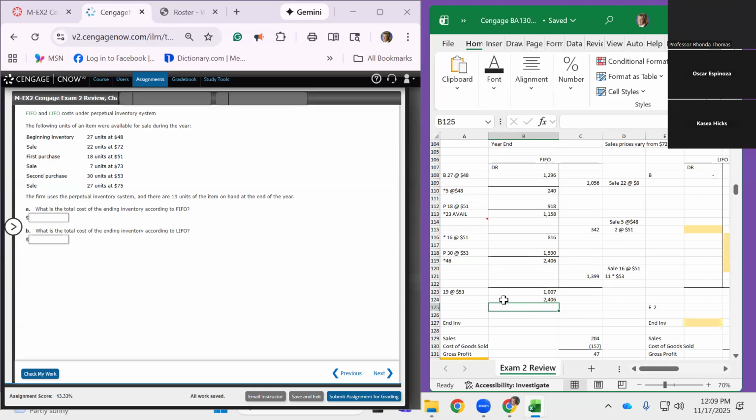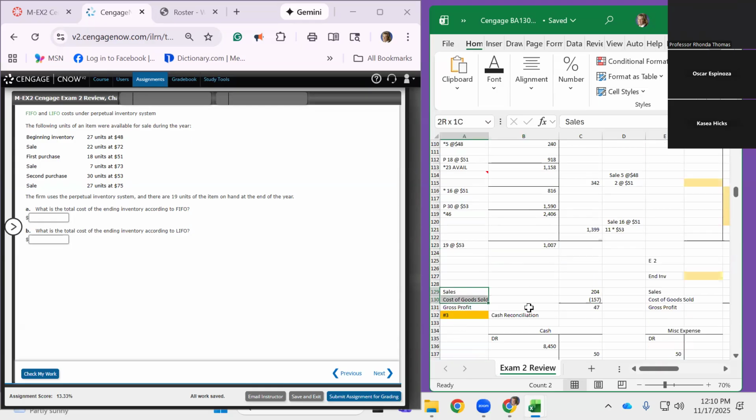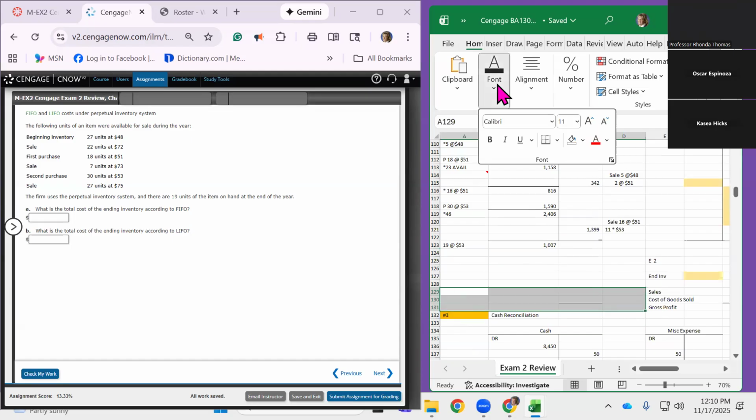That's kind of like a check number. Ending inventory is right here, and this is just our check number. I don't think we need to know the gross profit. That's all right, so we're done with that.